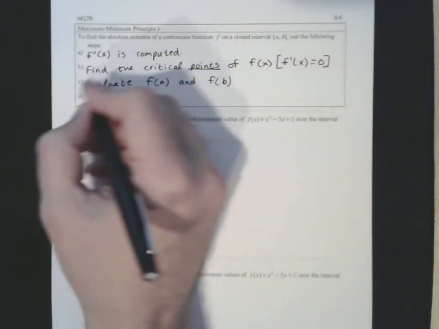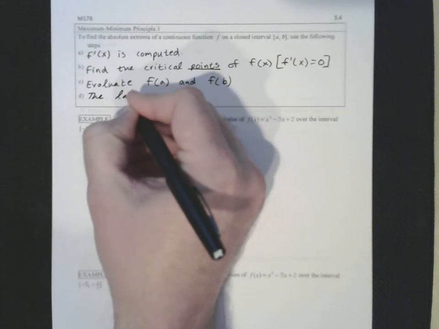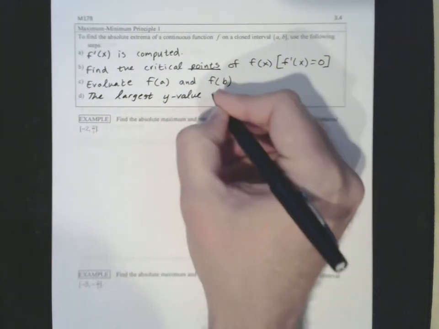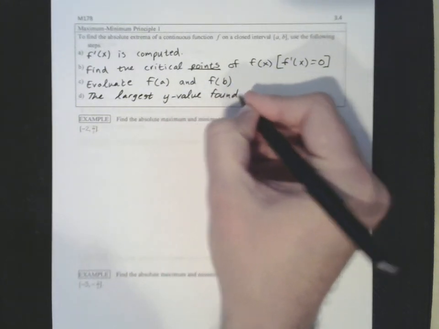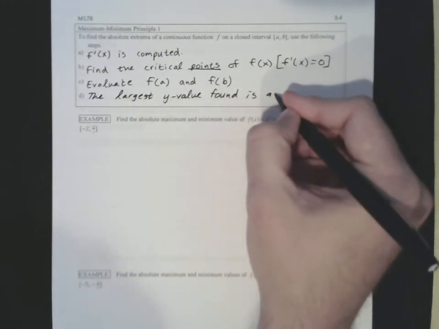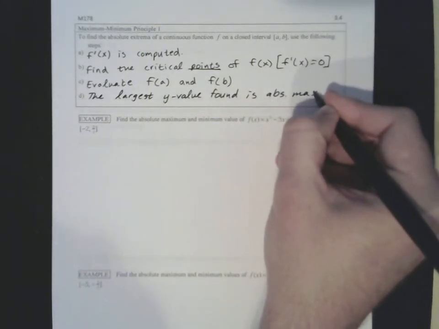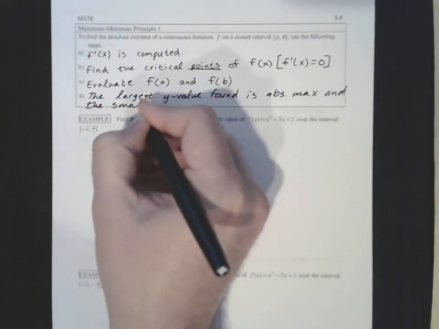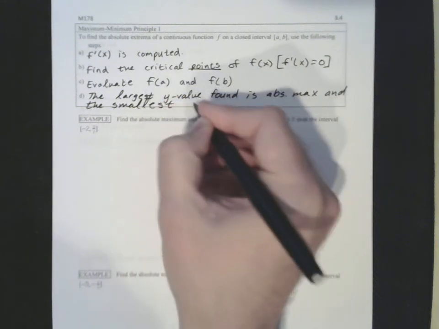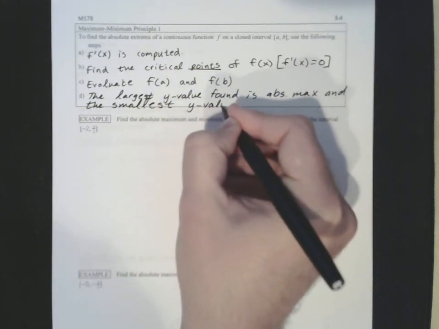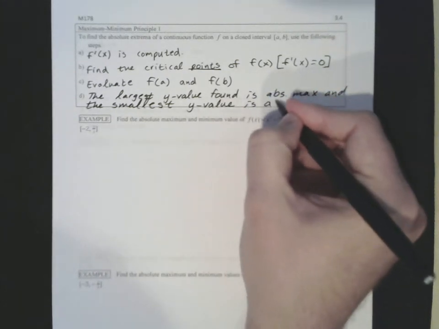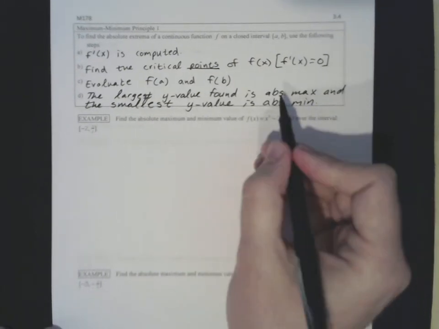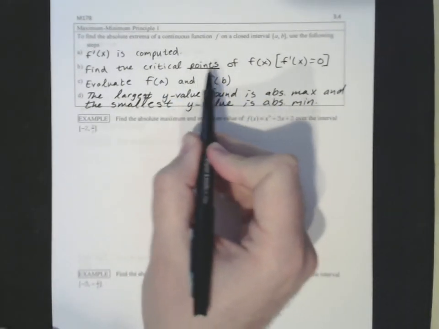The last step: the largest y value that you found is the absolute max, and the smallest y value is the absolute min. So both of these are coming from either f of a, f of b, or the critical points you found up here.